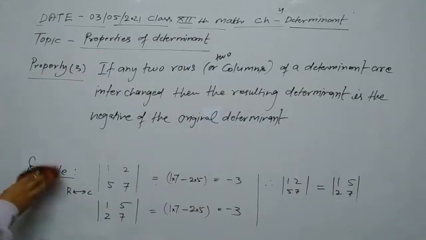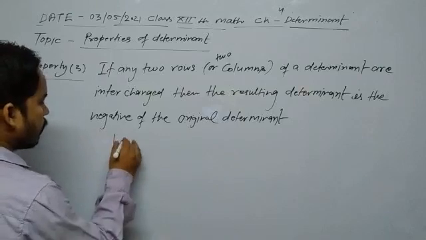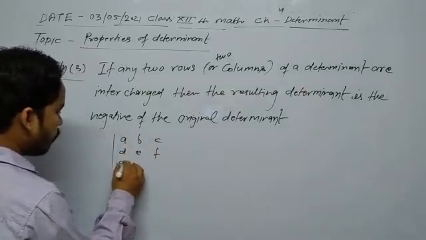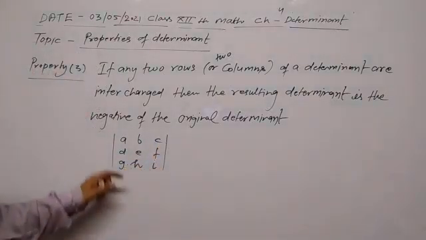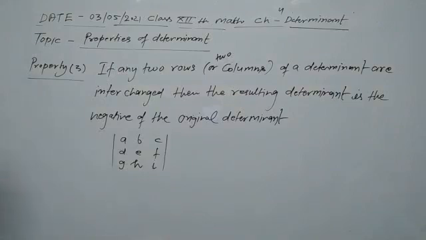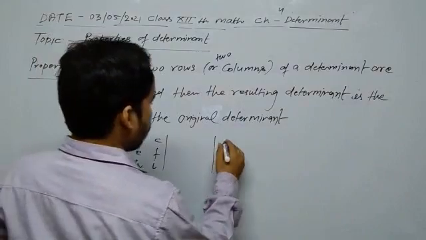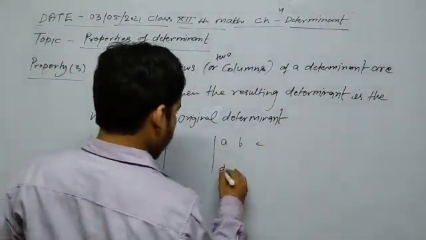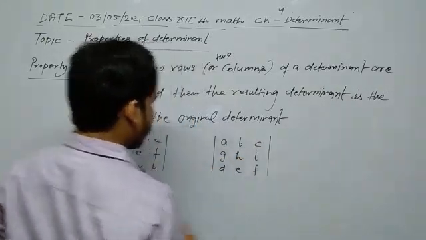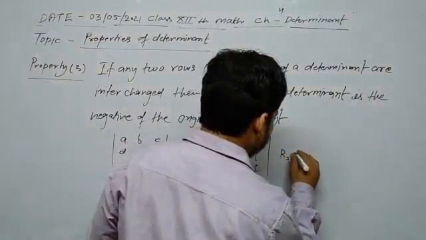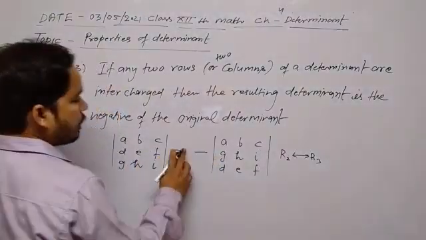See the example or concept. Suppose A, B, C, D, E, F, G, H, I. There is a matrix or determinant, and we are going to interchange R3 and R2. A, B, C, G, H, I, D, E, F. We have interchanged R2 and R3, so its result will be the negative of the original determinant.